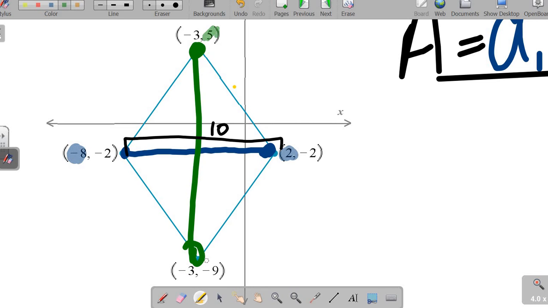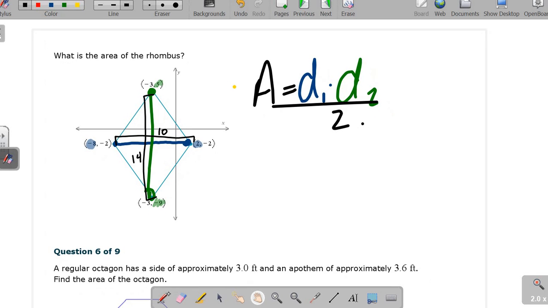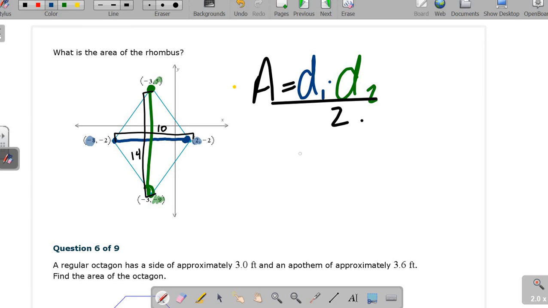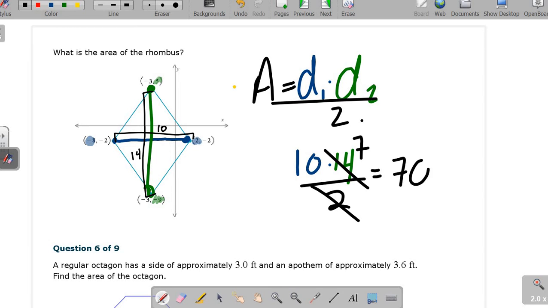This distance is from 5 to -9, so going vertically, that's 5 plus 9, which is 14. So one diagonal is 10, the other diagonal is 14, over 2. I get 70. Check for units. You know units, so it's just units squared.